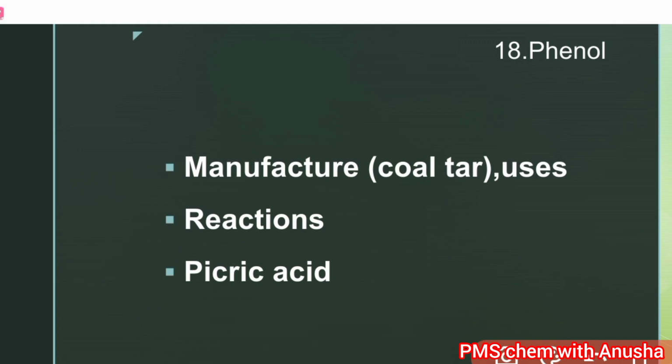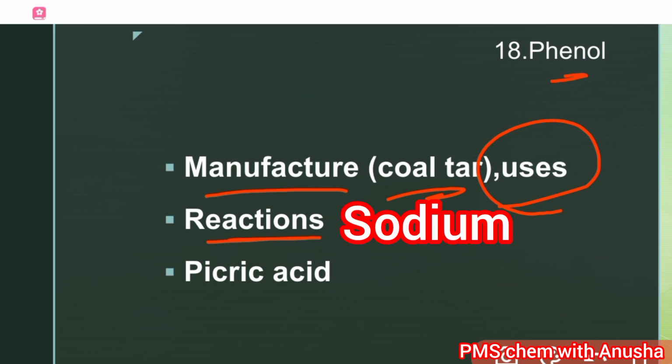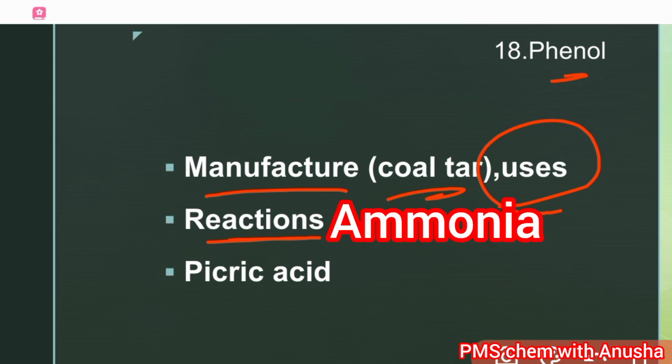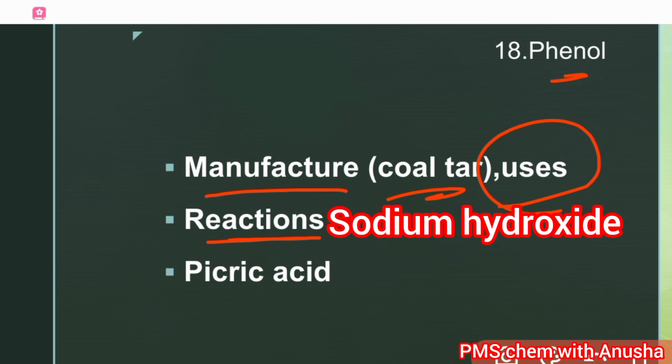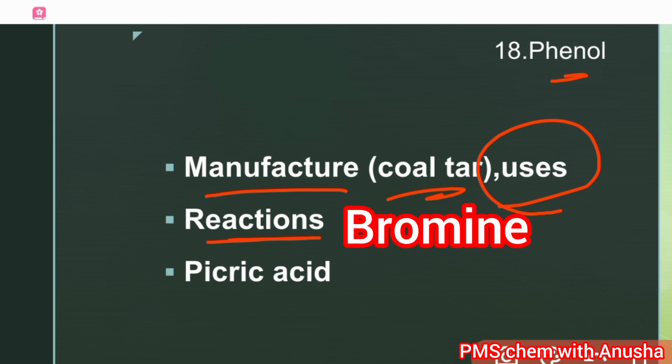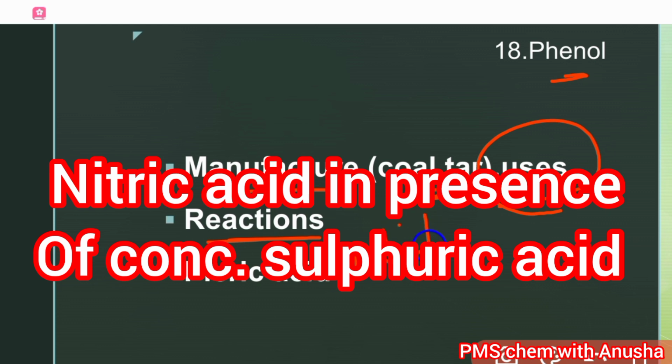Next, 18th unit, that is phenol. From phenol unit, focus on manufacture of phenol from coal tar and also uses of phenol. Next, reaction of phenol with sodium, ammonium, sodium hydroxide, zinc, Br2, that is bromine, and nitric acid in presence of concentrated H2SO4.